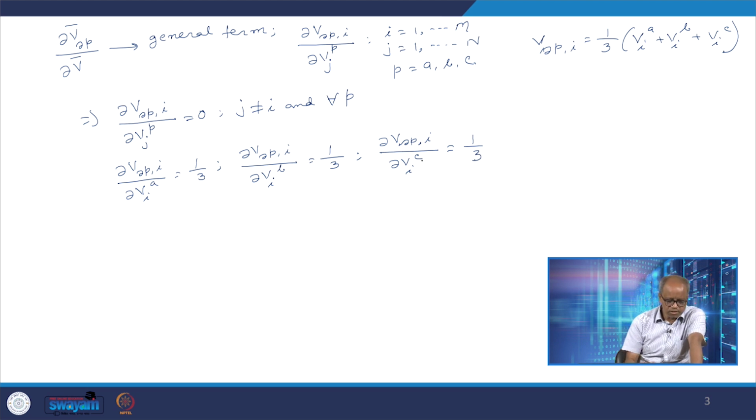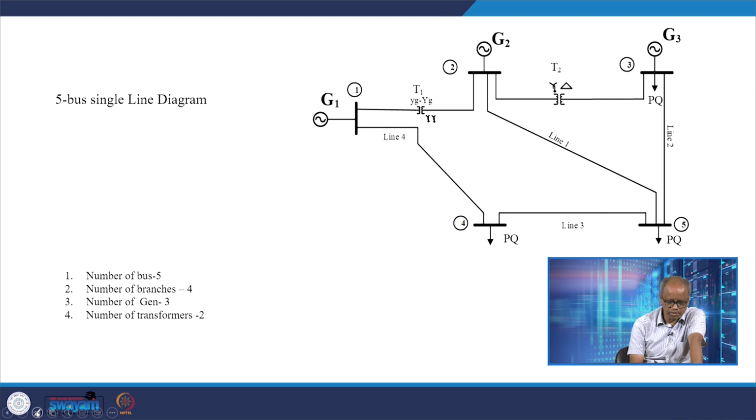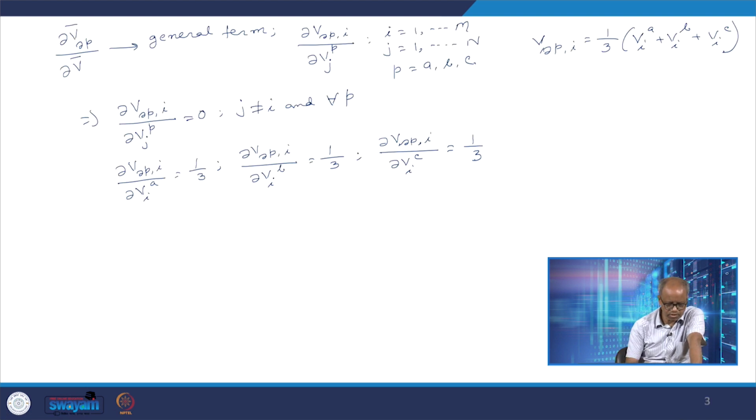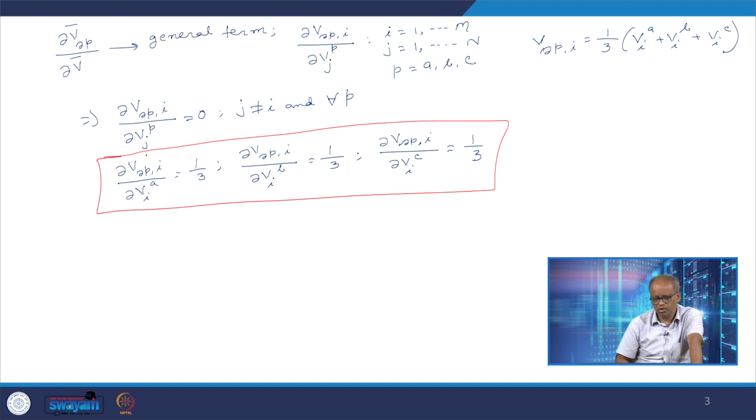So in the last row of the Jacobian submatrices, only these three terms are non-zero, all the other terms are 0. So this completes our Jacobian matrix formulation, right. So then what is the algorithm?